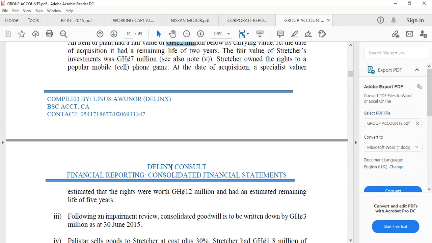No. January was 12 million. June, would it still be 12 million? No. The value will reduce because we have used 6 months already. So what will be the amortization for that 6 months? 1,200.